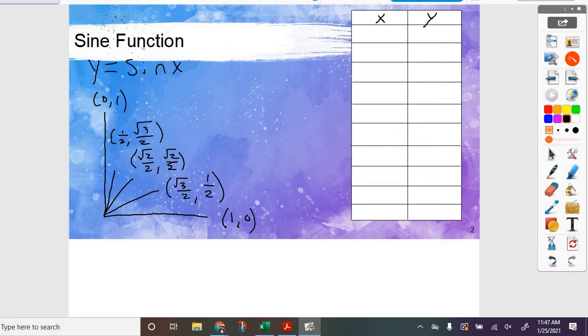So if we're looking for our sine values, are we wanting to look at our x values or our y values? Our y values.